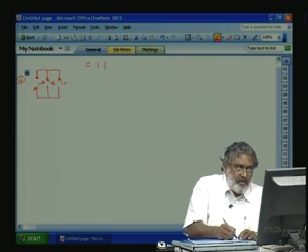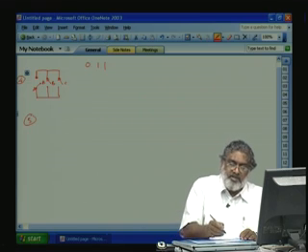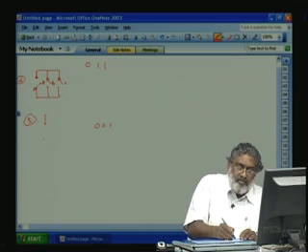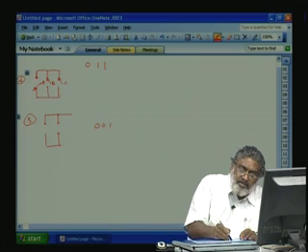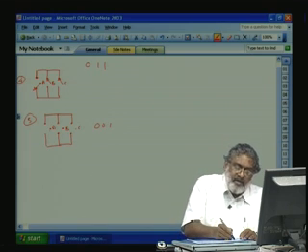Now let us take our fifth state. Fifth is 0, 0, 1. Here A phase will be connected to 0, B phase also connected to 0, and C phase connected to top.